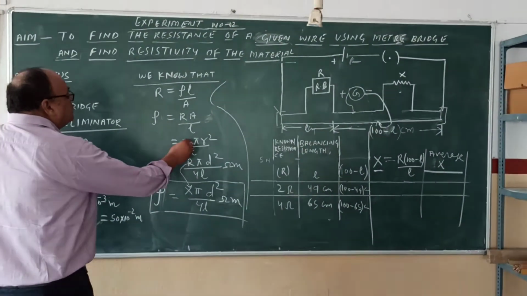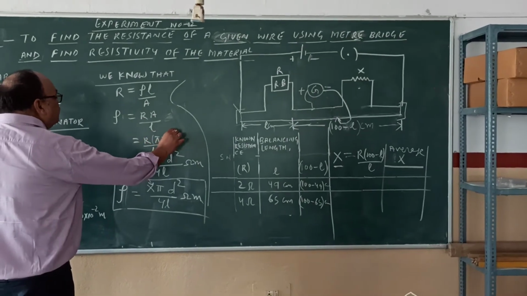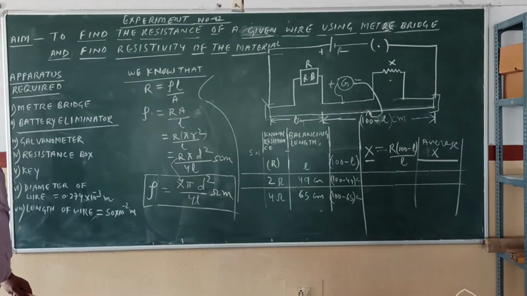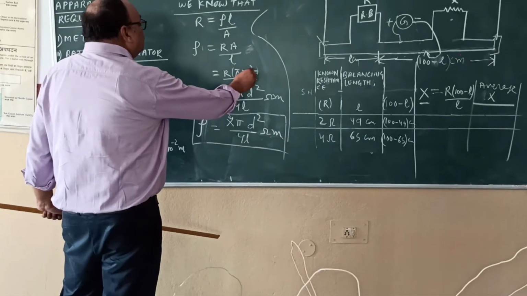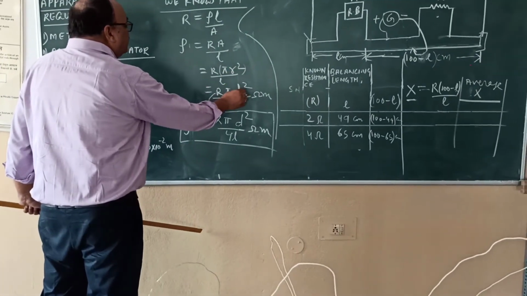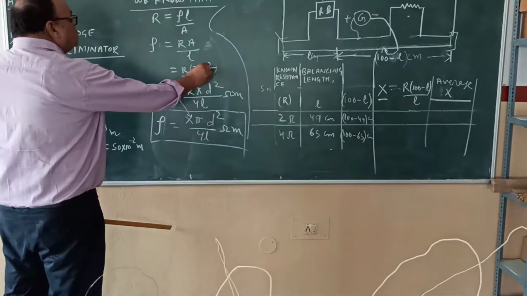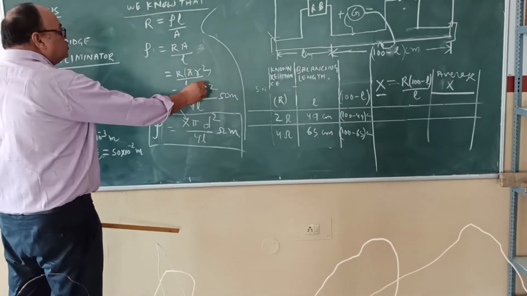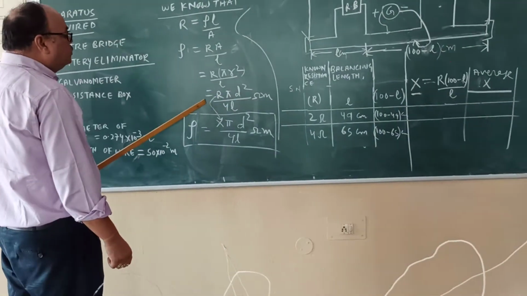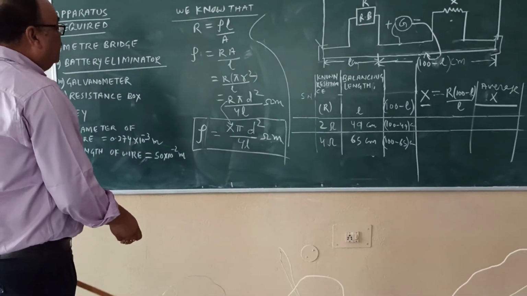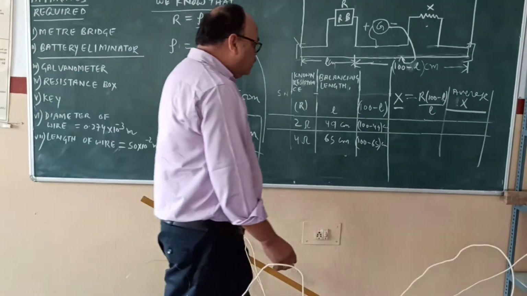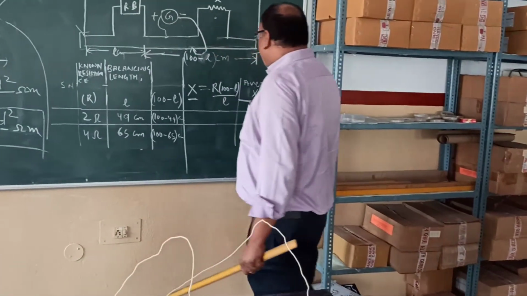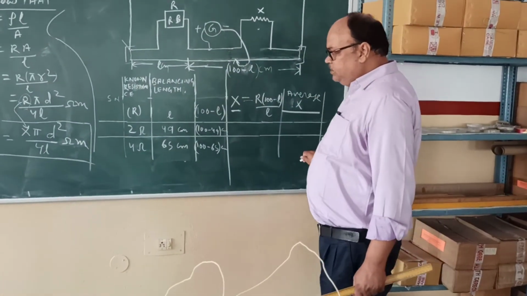For the area of cross section, we take pi r square, where r is the radius of this wire. Now r is converted into diameter. In place of r, we write d by 2, so it becomes pi d square by 4. And in place of R, we will put X, which has been found here, the average value of the unknown resistance.